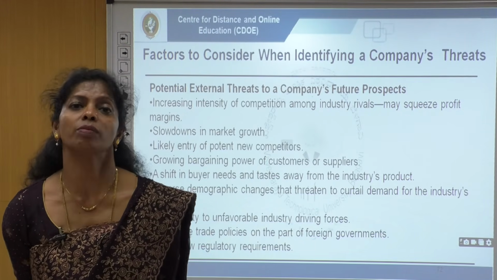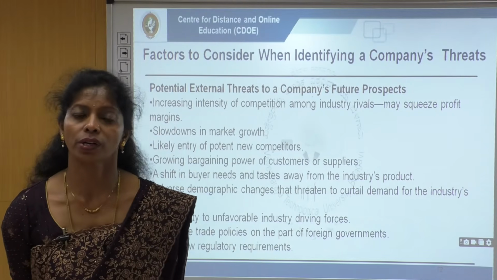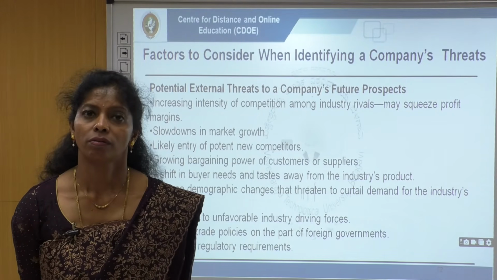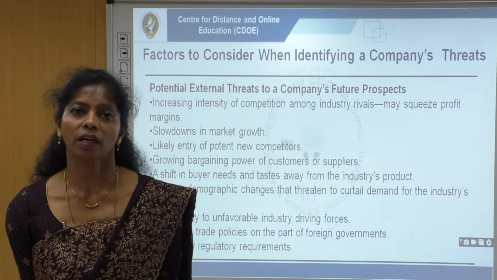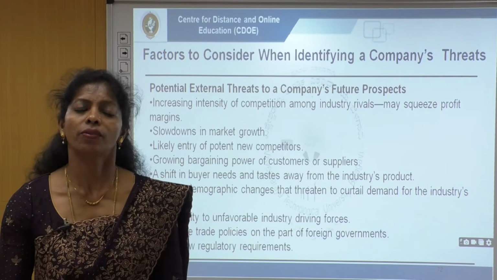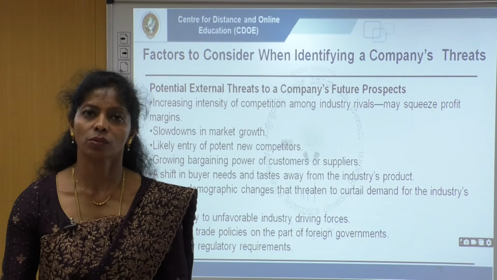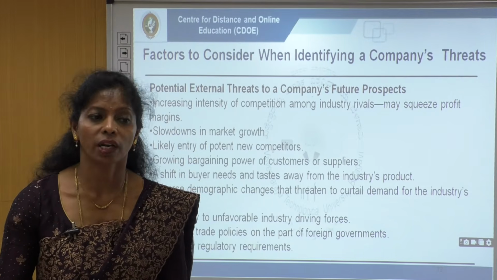Bargaining power of customers or suppliers is a threat. When the resources are very unique, the supplier has the upper hand. So that becomes a threat for the organization.